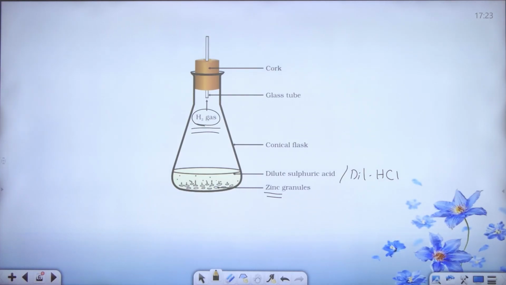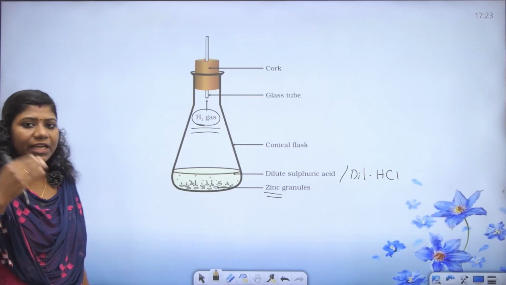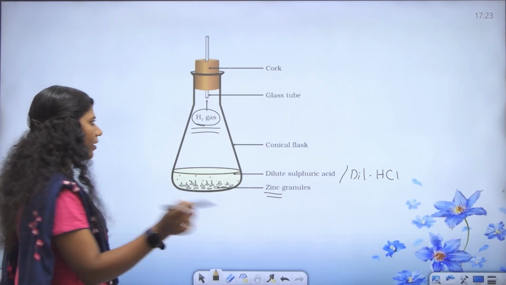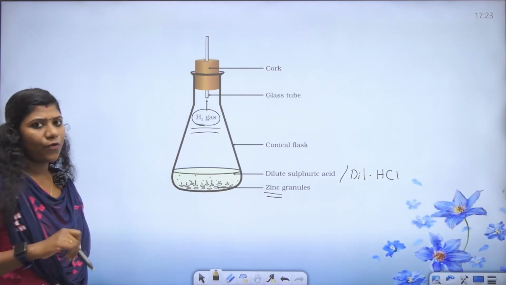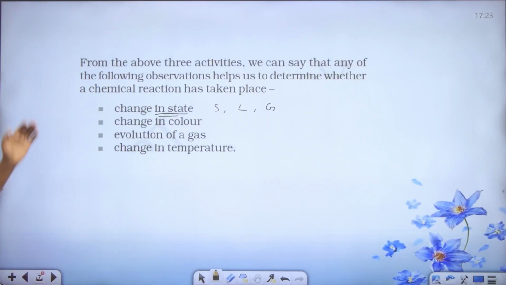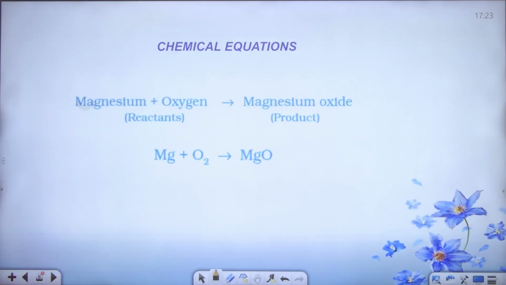That means in this reaction, heat energy is evolved and hydrogen gas is also formed. Dilute sulfuric acid reacts with the zinc granules to form hydrogen gas. These are the observations. And the next topic is chemical equation.